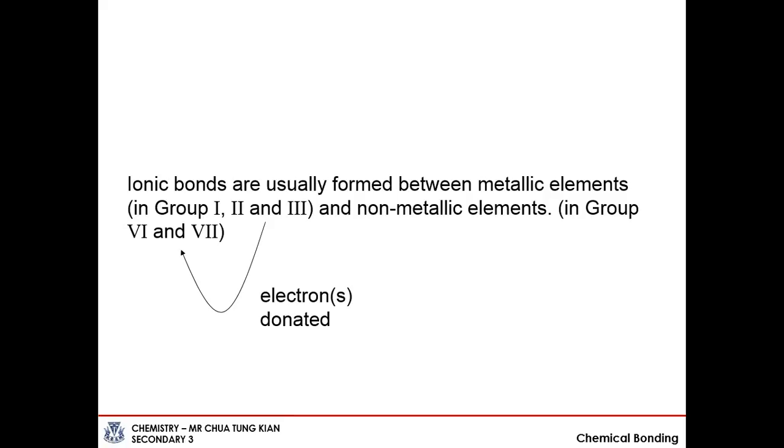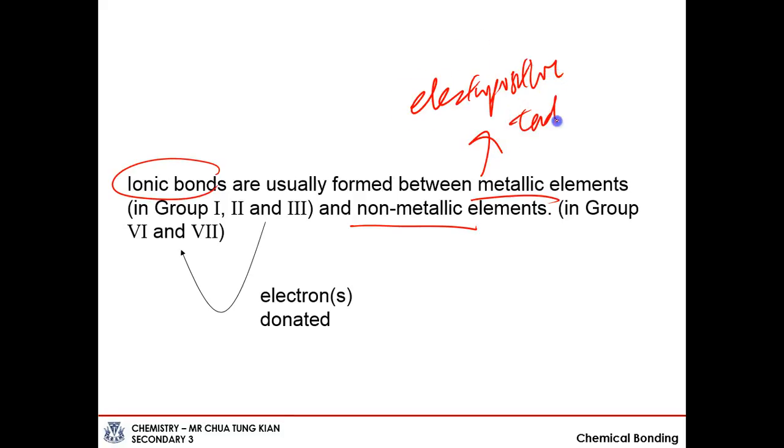As I mentioned earlier, ionic bonds usually form between metallic and non-metallic elements. Why? Because metals, remember, are electropositive. They tend to lose electrons. In nature, if something loses electrons, something else will want to gain the electrons. These are the non-metals, which we call electronegative.